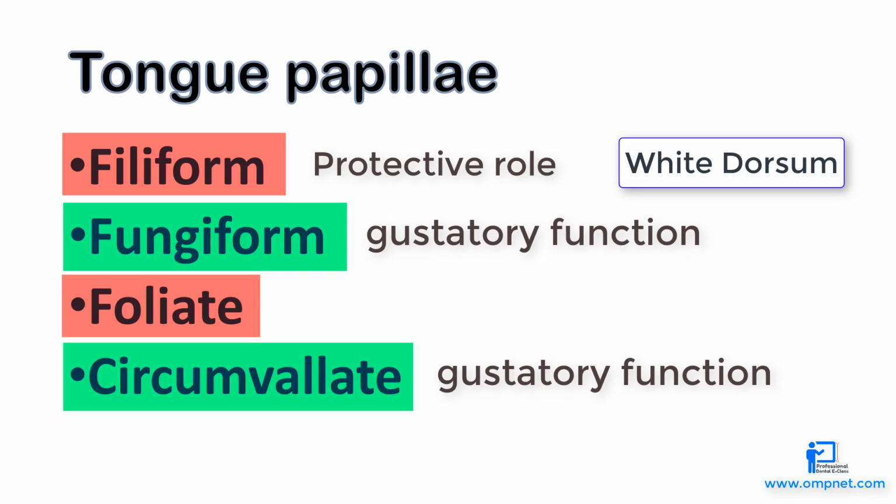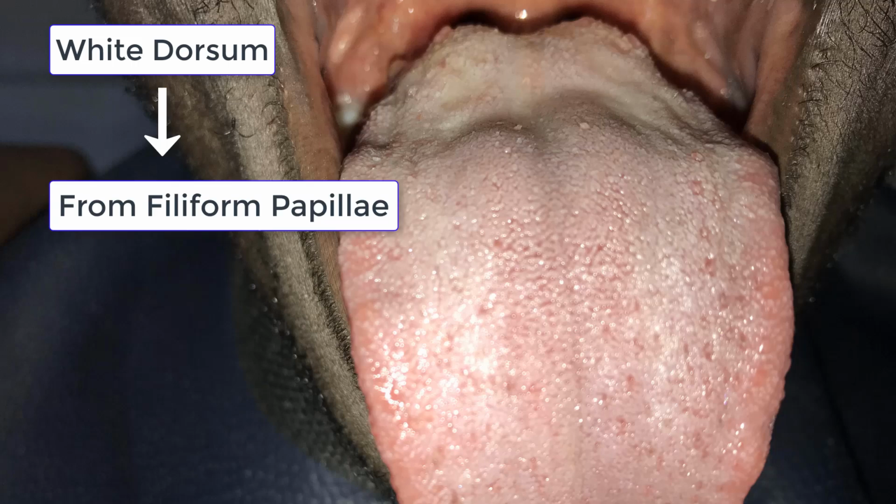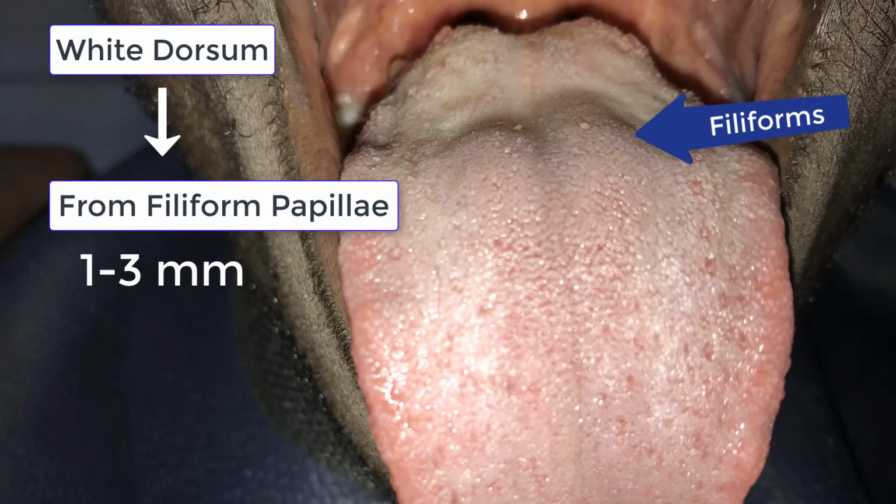This means that to some extent, a white dorsum is considered a normal feature of the tongue, as can be seen in this individual. Any white you see here is filiform papillae, which in their normal state measure between 1 to 3 millimeters in length and lightly coat the tongue surface, as you can see from front to back.